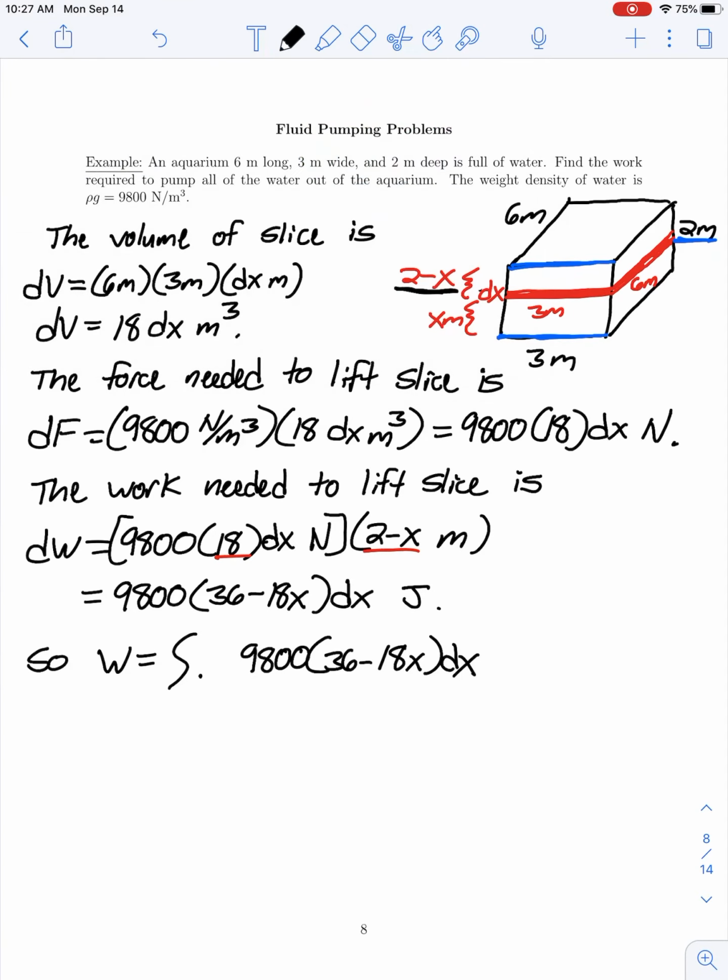So we're adding up these slices from x equals 0 to 2.